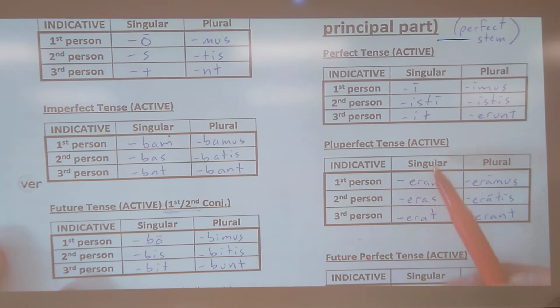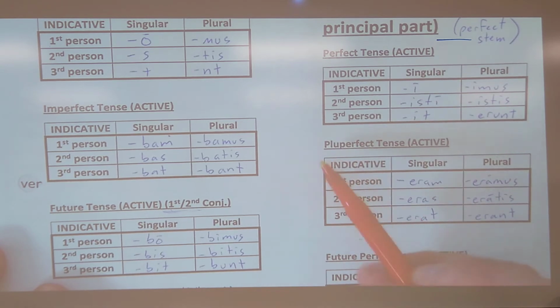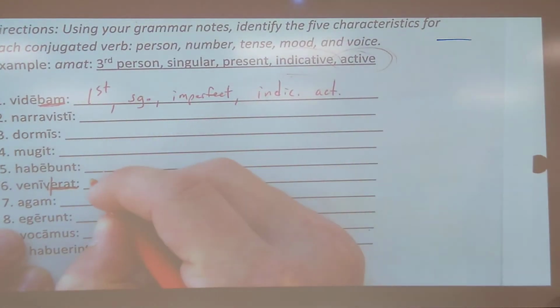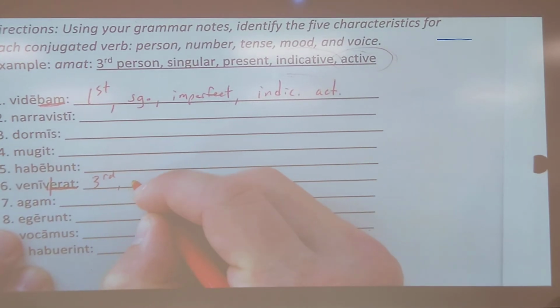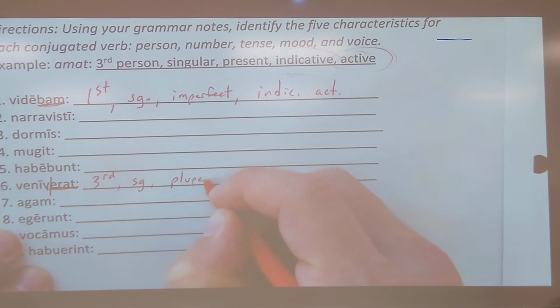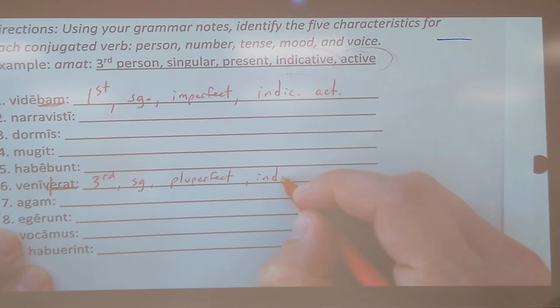Third person, singular, pluperfect. Okay, and then as we said, they're all going to be indicative and active. Okay, so third person, singular, pluperfect, indicative, active.